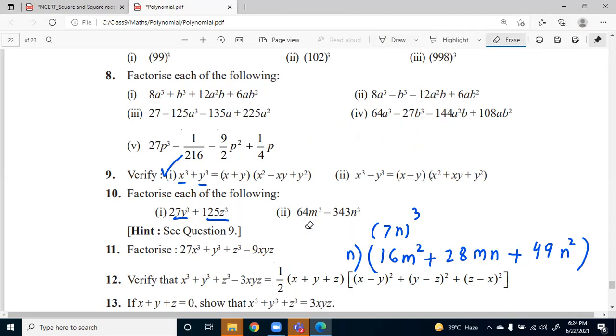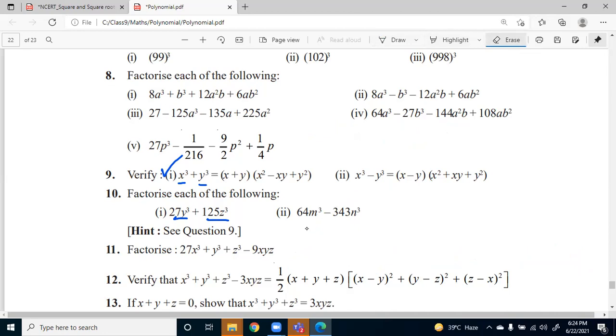when you look at this question, there are 3 cubic terms with plus sign and there is a fourth term with negative sign. So if you compare it with eighth identity, what is eighth identity?